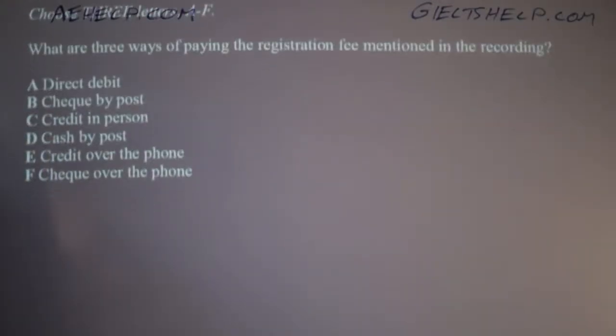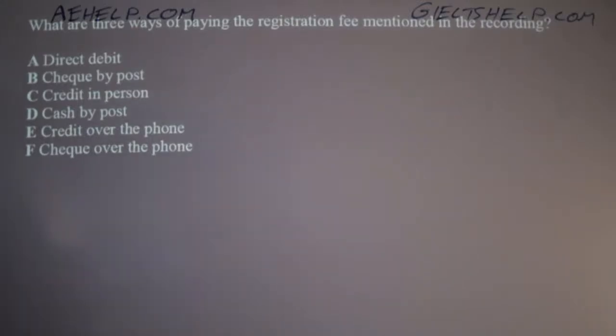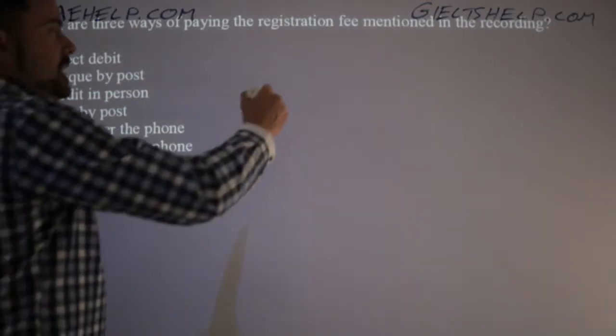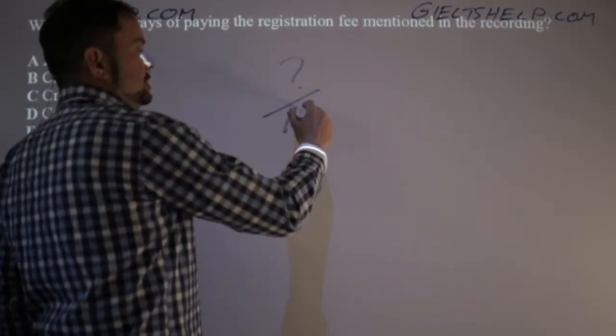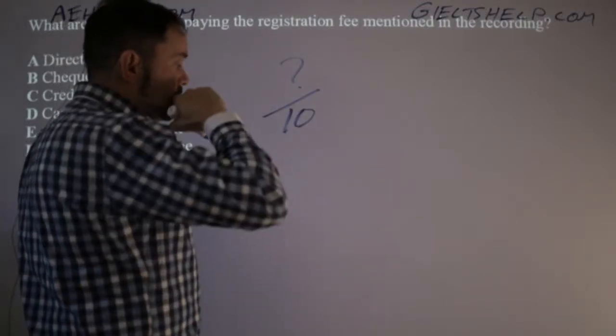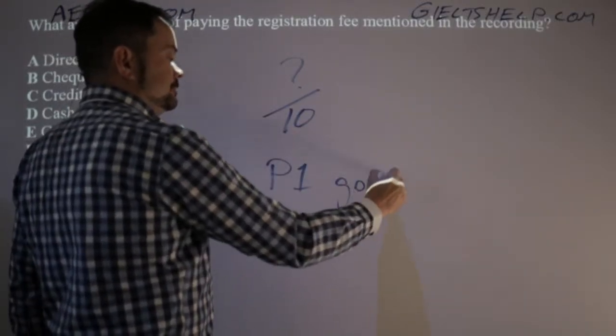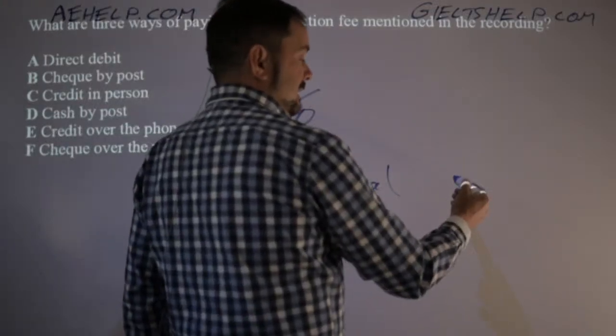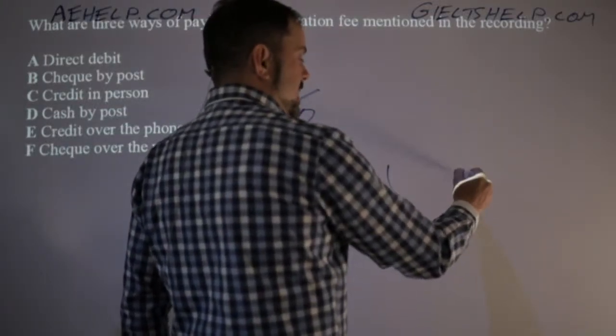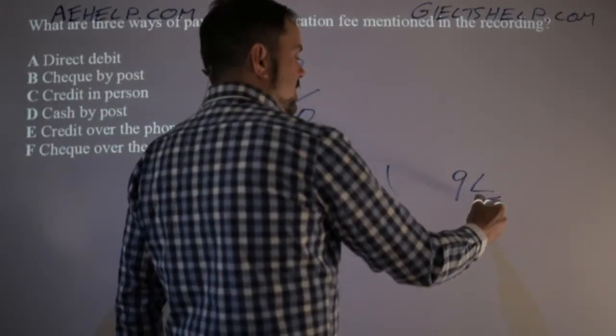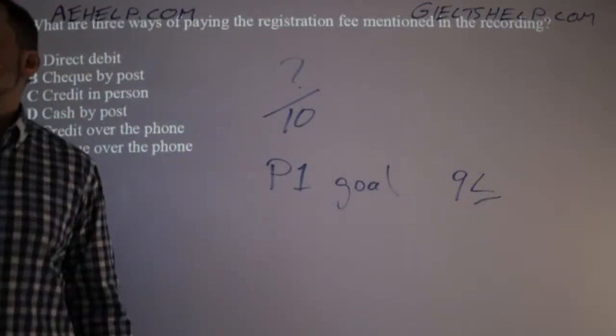So how did you do? What did you get out of 10? For part 1, your goal should be 8 as the minimum, but I would say 9 or greater.